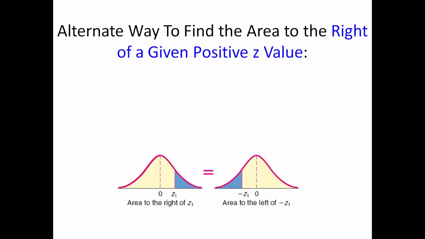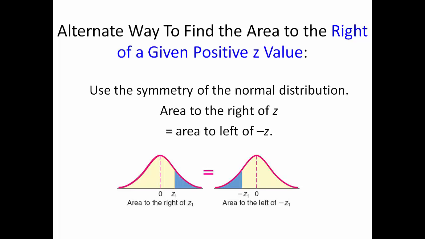How about if we had a method that would only take us really one step? Well, here's an alternative way of finding the area, and we're able to use this technique because of symmetry. We talked about the normal distribution being a symmetric distribution.